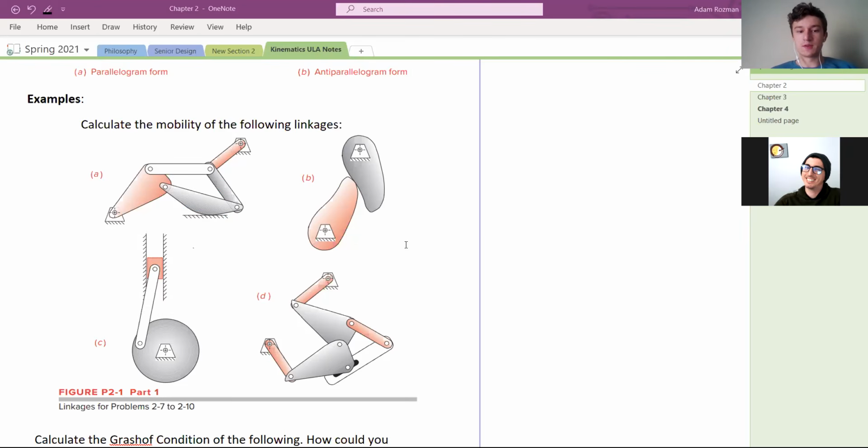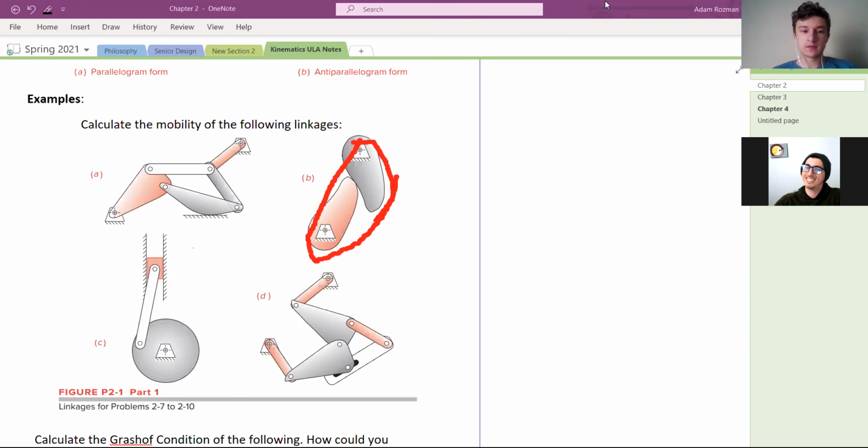Okay, so knowing that the 2 grounded links count as one link, do you want to count again? See what you get? Okay, so it's one link and then no full joints and two half joints. Okay, so you do have some full joints there between the cams and the ground.